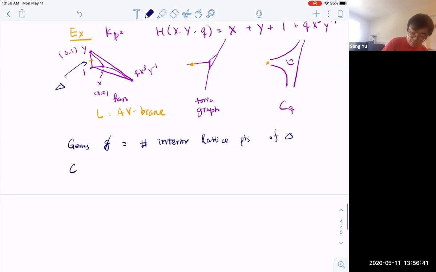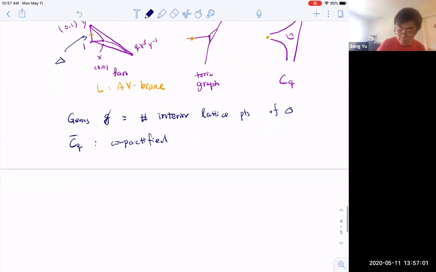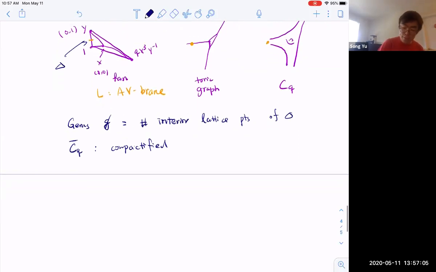And we can have a compactified mirror curve, which I just call C_Q bar. So this is a compact Riemann surface, and you can compactify this in a family of compact toric surfaces. So this compactified mirror curve also has genus g'.